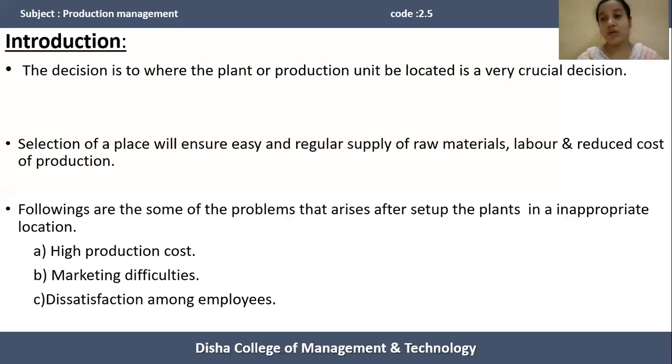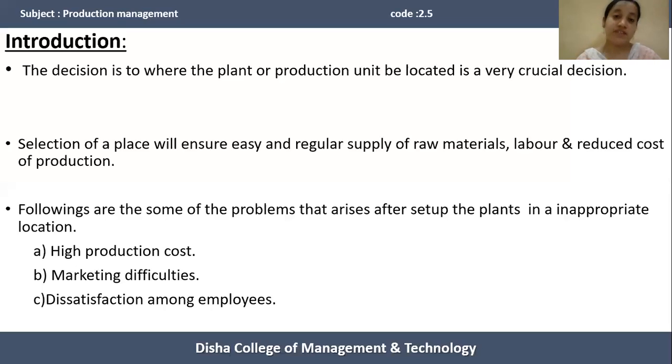So, ideal location doesn't always guarantee success, rather it certainly contributes towards the smooth and efficient flow of production. So, every industrialist should identify a good location for their plant.